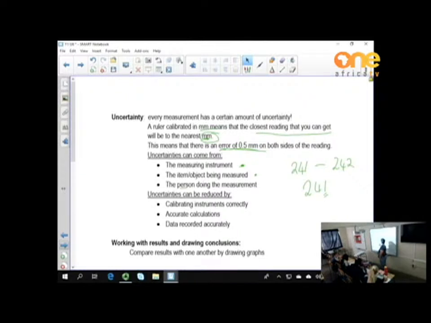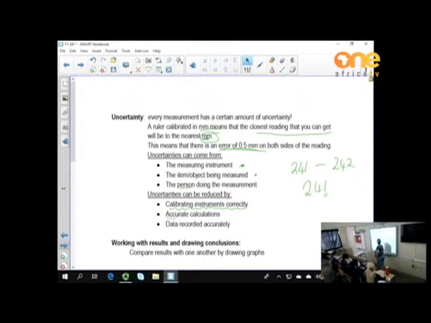And then the person doing the measurement: if he knows what he's doing, there should be smaller errors than if he doesn't know what he's doing. Uncertainties can be reduced by calibrating instruments correctly. For example, if I work with the balance in the chemistry lab and I want to measure the mass of a specific substance, I zero the balance before I put the substance on it.